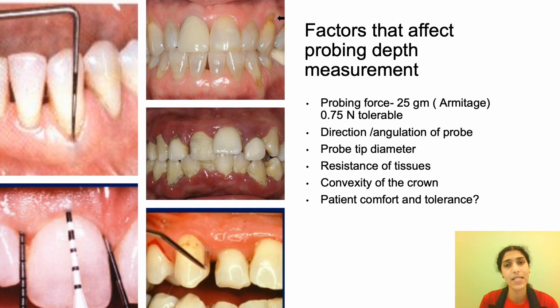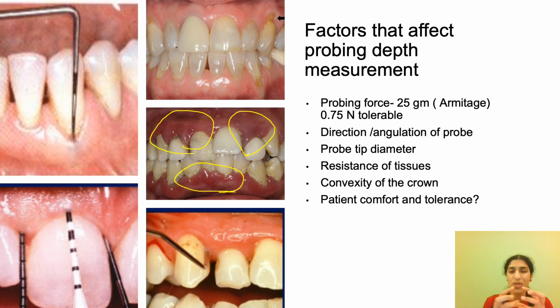And also the resistance of the tissues. If the tissues are very inflamed, as you can see in this picture, you can see the edematous gingiva, so flaccid, soggy, puffy, right? In such situations, the resistance of the tissues is lost, because the fibers have already disintegrated, the tissues have broken down, and attachment loss is there inside.